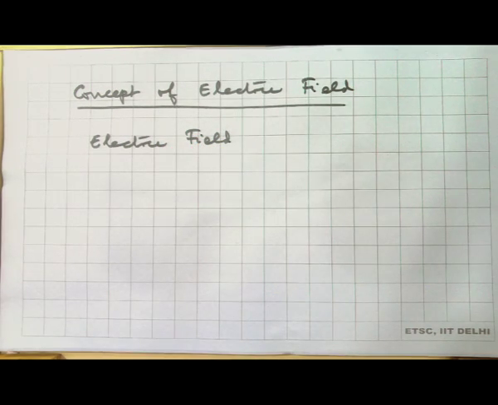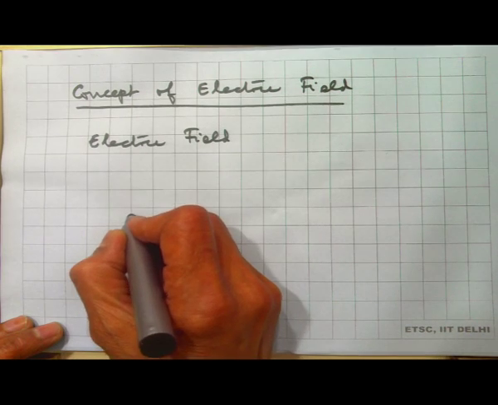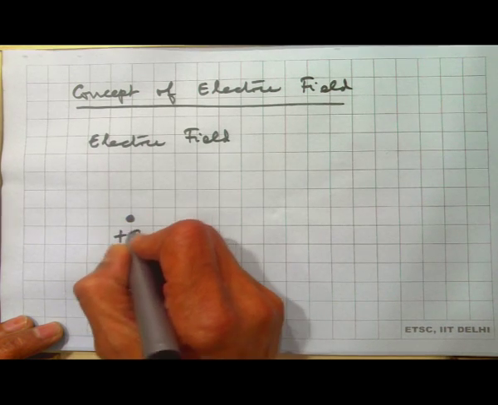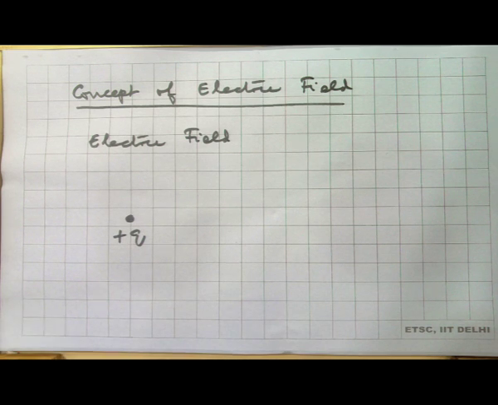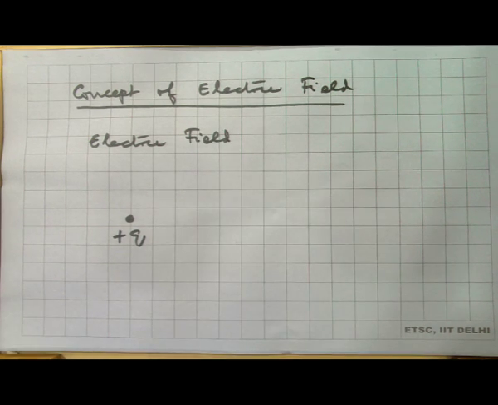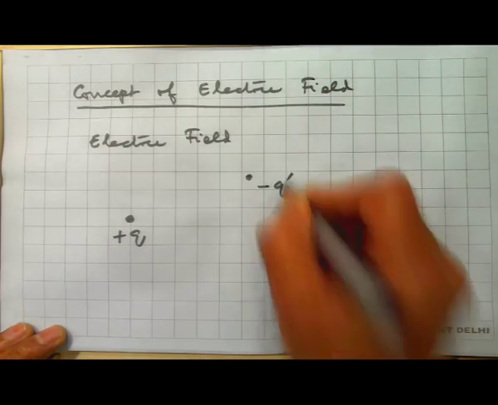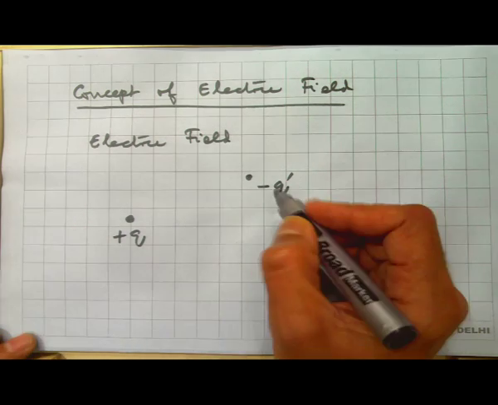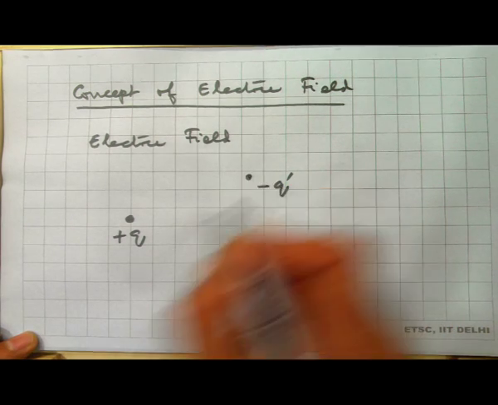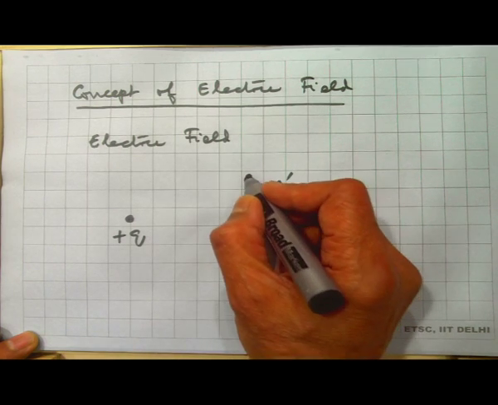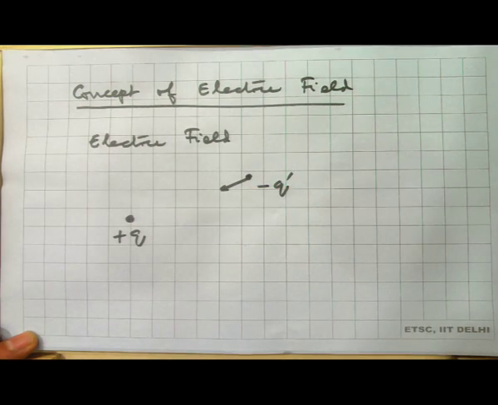So, what we say is that if you have a charge, say plus q charge here, then this charge sets up in the surrounding space a field called the electric field. And if you put another charge here, which is say minus q prime, then this charge minus q prime senses this electric field and gets attracted to the charge plus q.